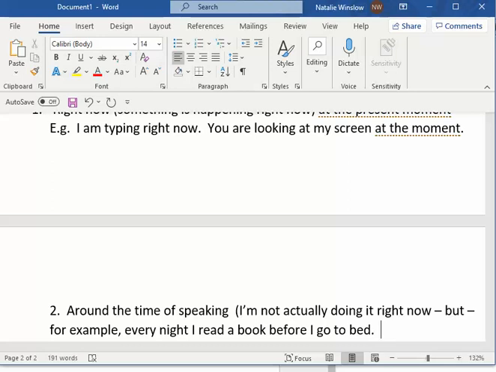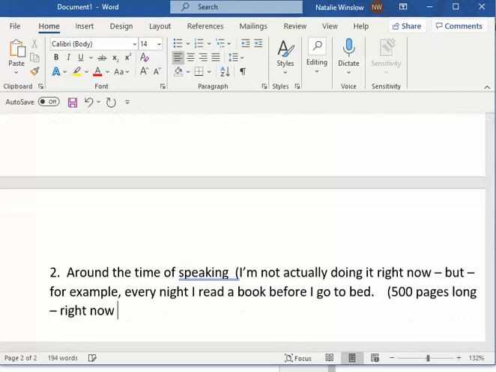I'm not reading it right now, but let's say the book is 500 pages long. And right now I'm on page, let's say 223. So I'm not finished with the book. I'm in the middle of the book.